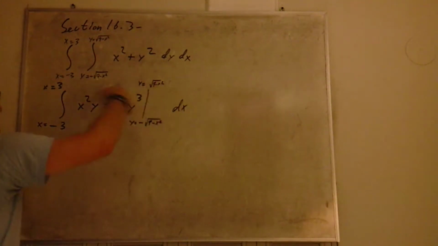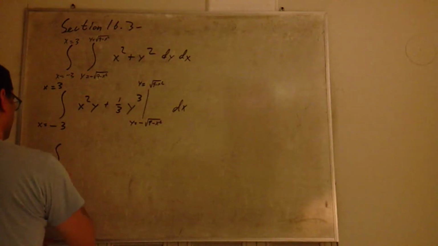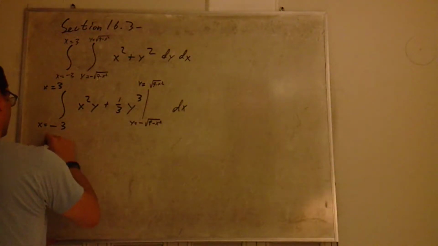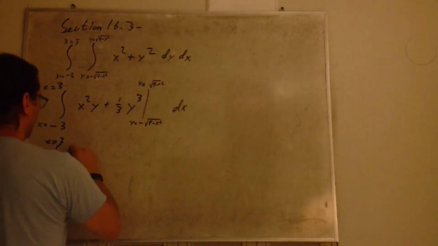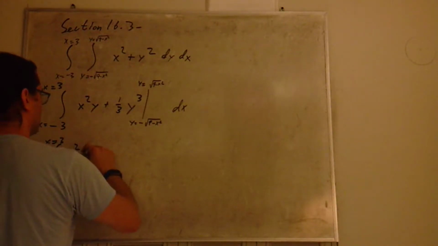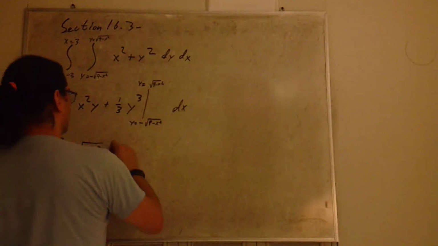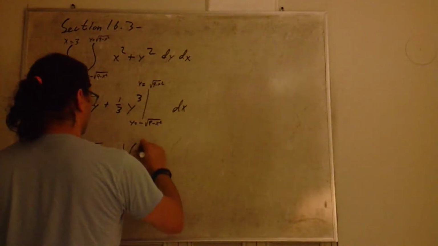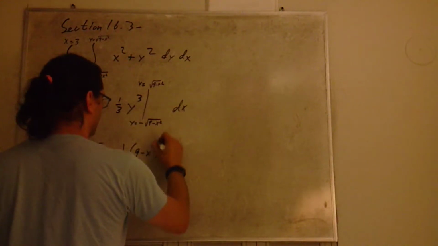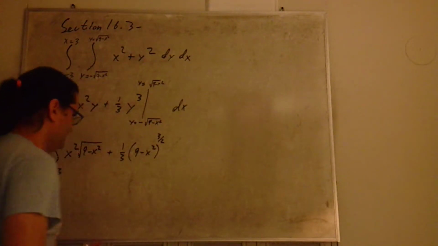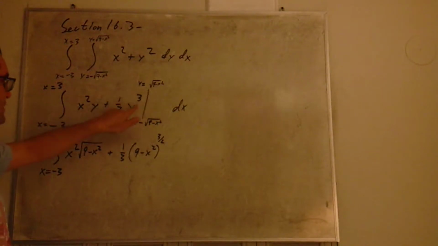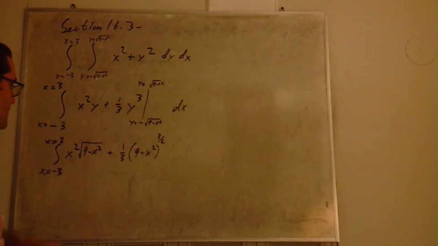So when I plug these in here, I'm still going from x is negative 3 to x is 3. I have x squared times the square root of 9 minus x squared plus 1/3 9 minus x squared to the 3 halves. This is what happens when you take the square root cubed. It gives you the 3 halves in here.